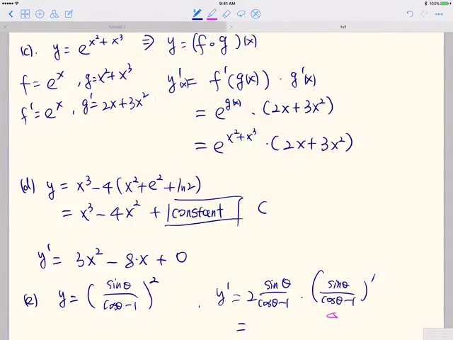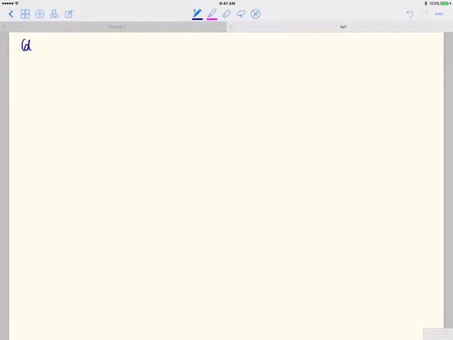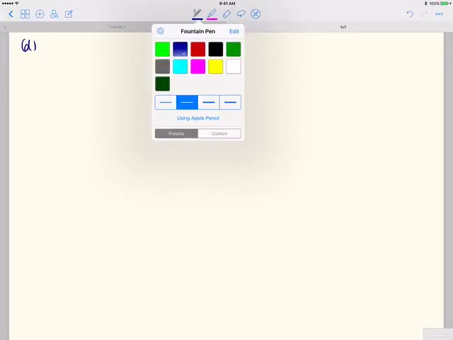You can check this later in the solution set, but I will give you the final answer here, which is minus 2 times sine theta times cosine theta minus 1 to the power of minus 2. Okay, so that's question E. It's for question D. F, actually F, not D.